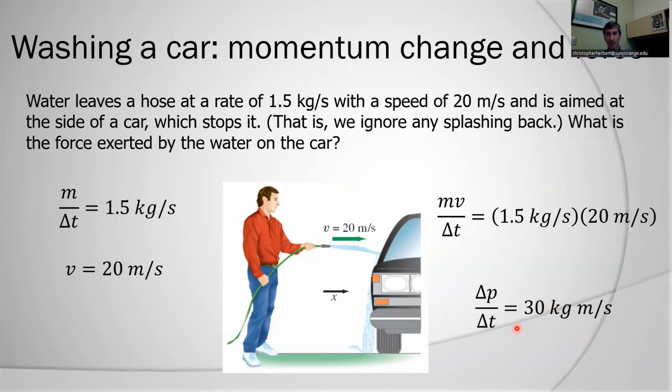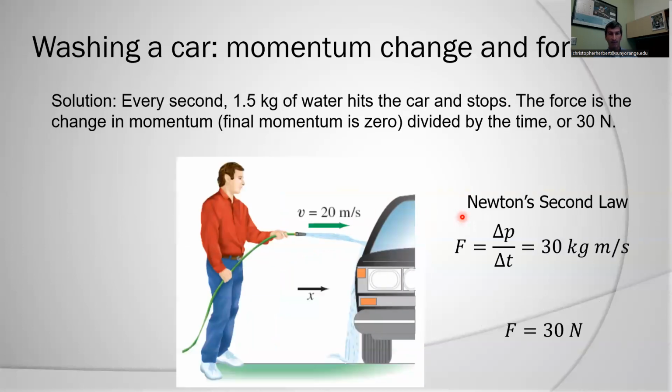That's basically my force here. So again, what I did is I took a mass per unit time, I multiplied it by velocity, and that gave me my force, or momentum divided by time. Basically Newton's second law, but arriving at Newton's second law a different way. Mass divided by delta t, multiplied by delta v.